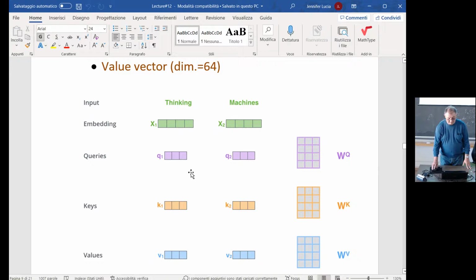Then to elaborate the queries. Queries is really query. So we see our main word, and then we query which word, in which order of importance, is related to this main word.